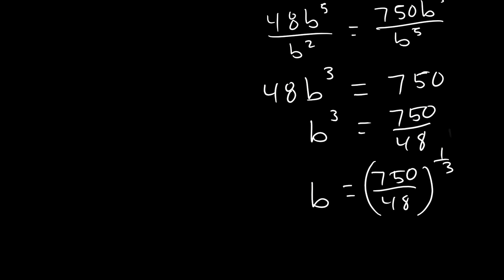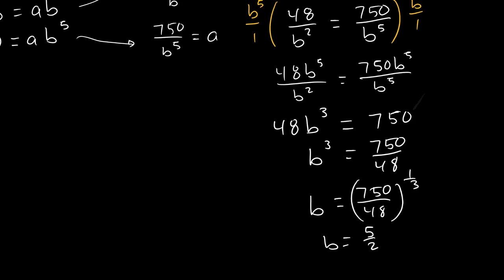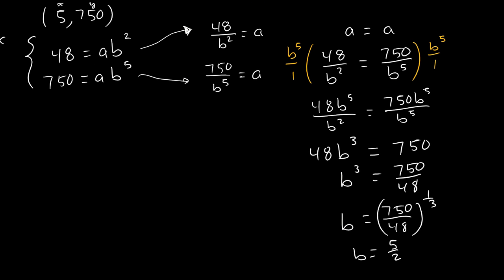And then if I take this the last step, b is 5 halves or 2.5. So this might seem like a bit more work, and actually it does seem a little bit more. It's good exercise for sure. But as these 2 points get further and further away, this might be a better technique to use.